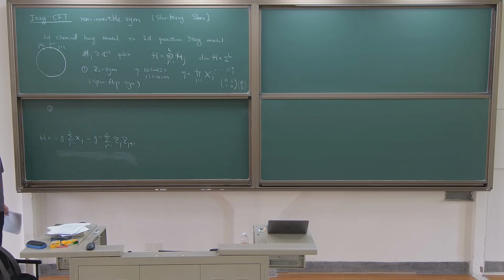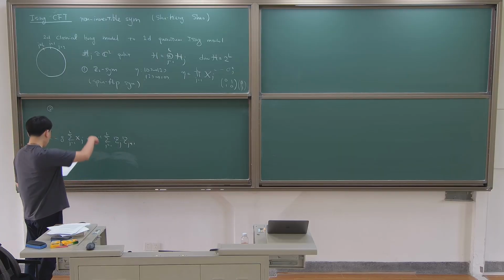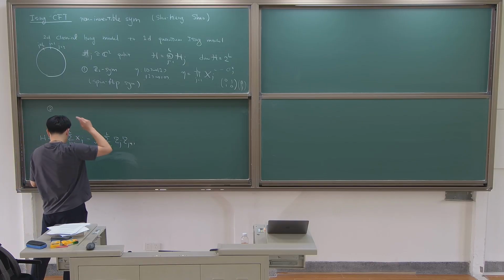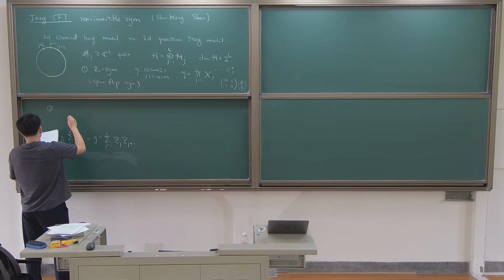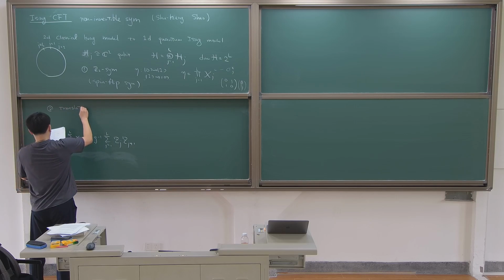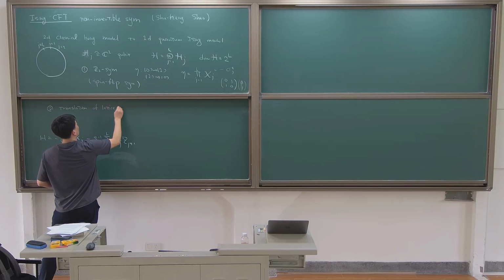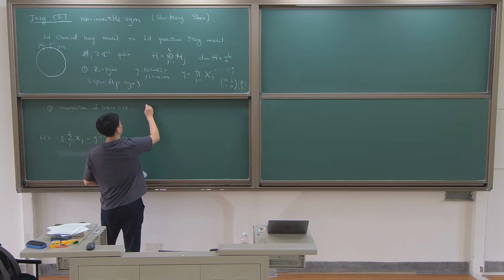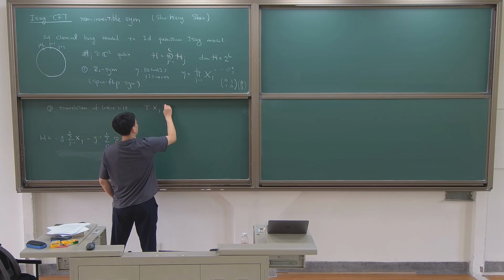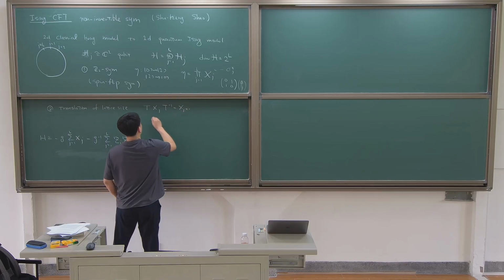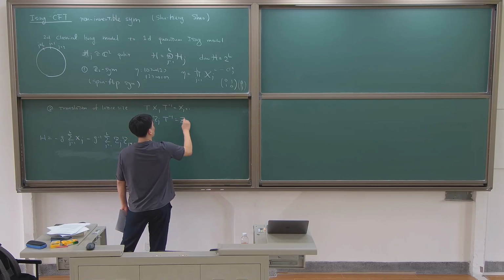Okay, so it's clear that the Hamiltonian is invariant under the spin flip symmetry, and it's also clear it has lattice translation symmetry. Namely, the T operator satisfies T X_j T inverse equal to X_{j+1}, and T Z_j T inverse equal to Z_{j+1}.